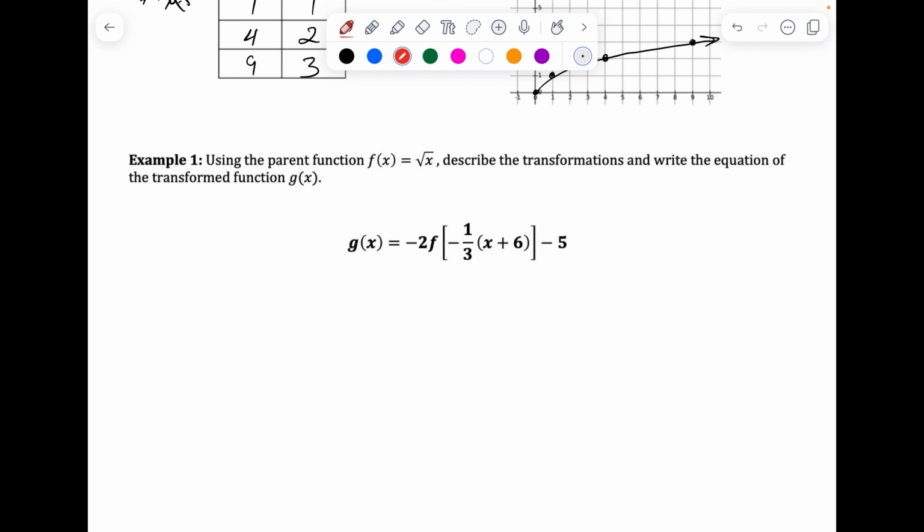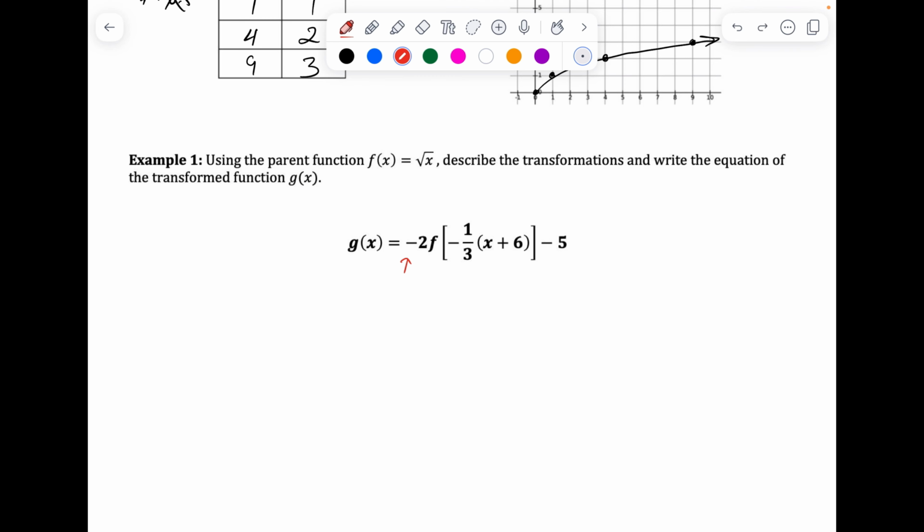So it says using the parent function f of x is root x, describe the transformations and write the equation of the transformed function. So you can see there's two negatives here. There's a negative outside the function and a negative inside the function.